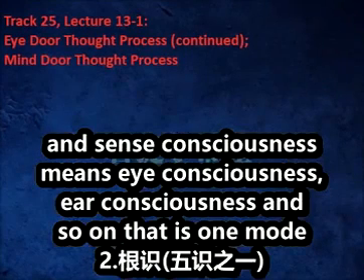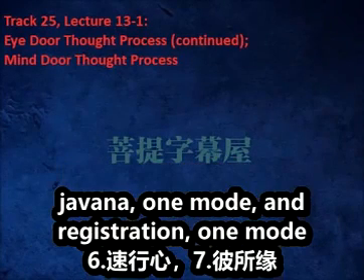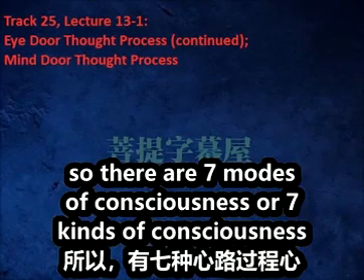And sense consciousness means eye consciousness, ear consciousness, and so on, that is 1 mode. Receiving, 1 mode. Investigating, 1 mode. Determining, 1 mode. Jhana, 1 mode. And registration, 1 mode. So there are 7 modes of consciousness, or 7 kinds of consciousness.